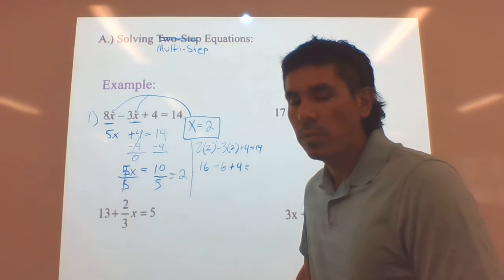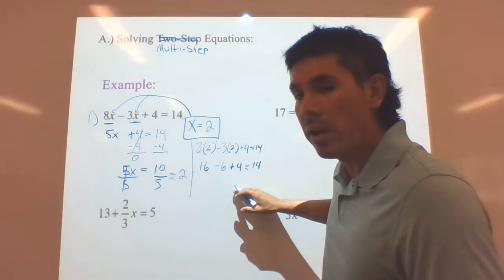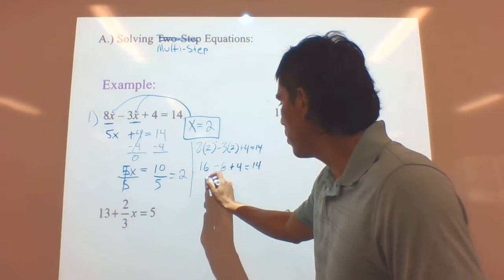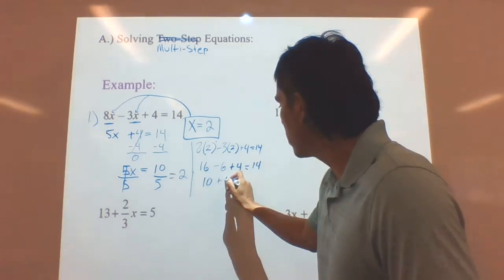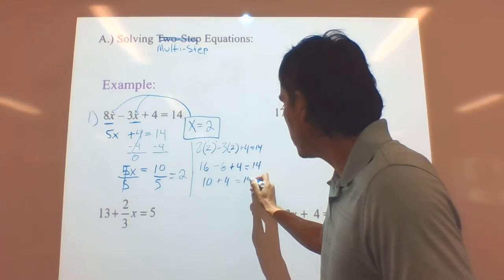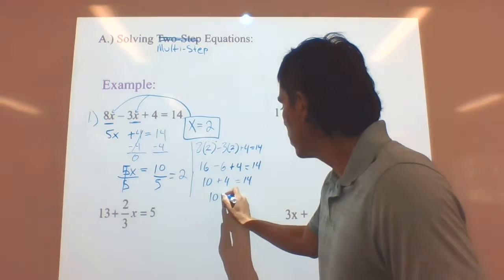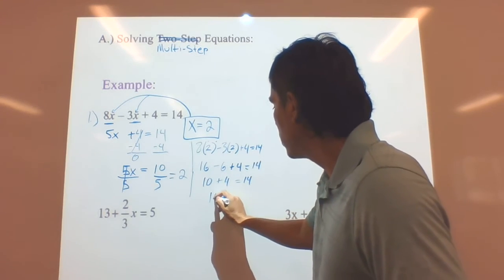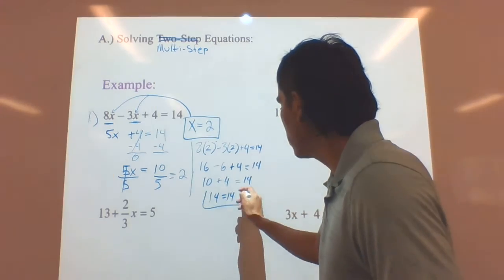So, with that, we combine like terms. 16 minus 6 is 10, right? What's still left over? The 4 equals 14. 10 plus 4 is 14. 14 equals 14.